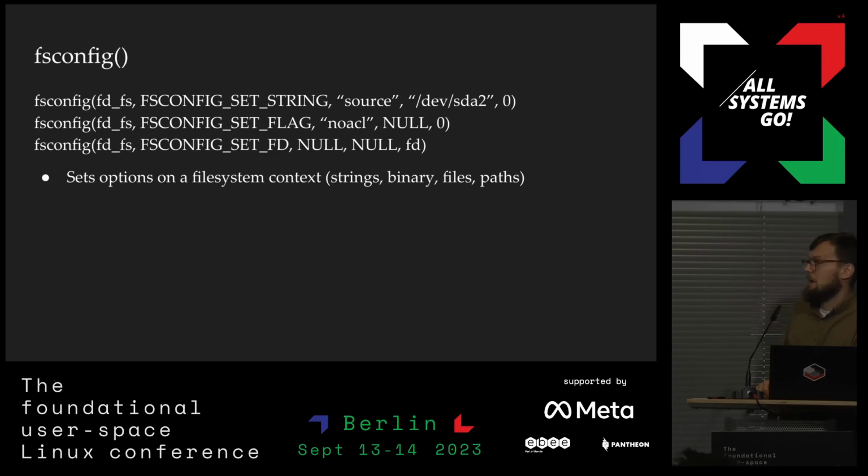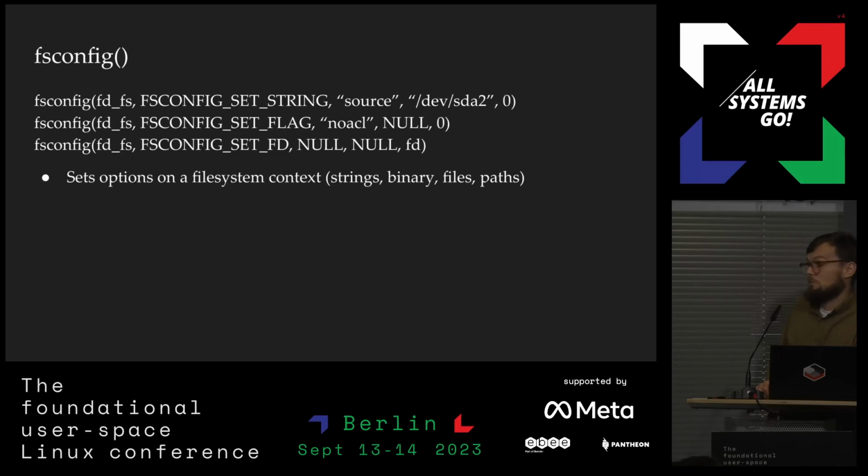The new mount API allows you to do a lot of nice things with setting up properties and mount properties that currently file systems don't really fully make use of API-wise. So hopefully this will change in the future.